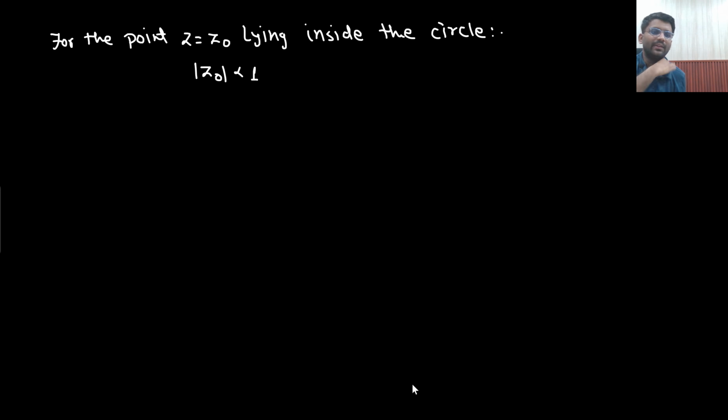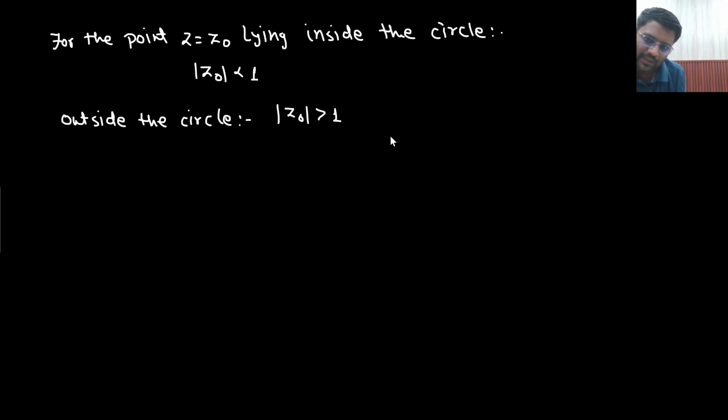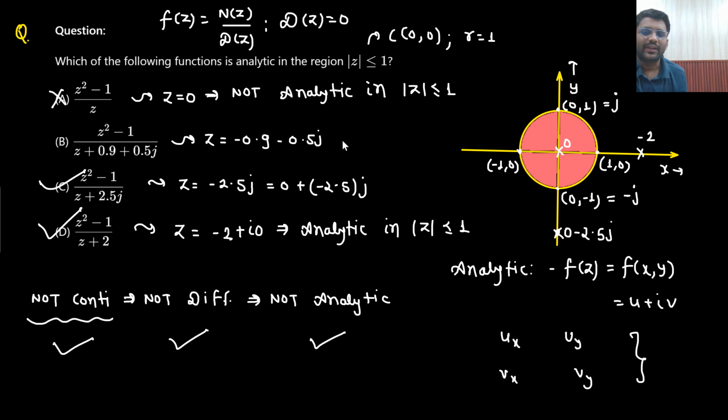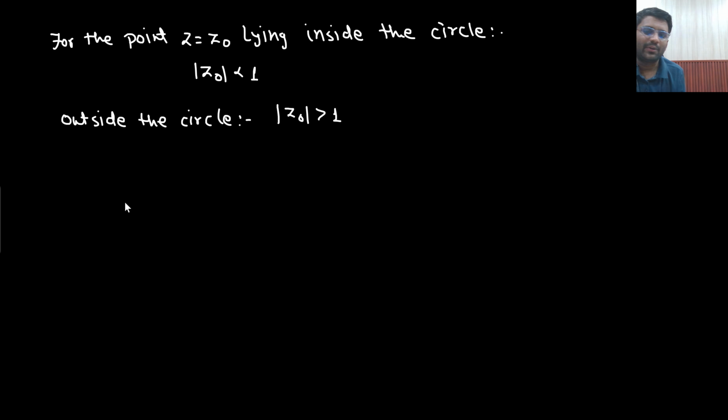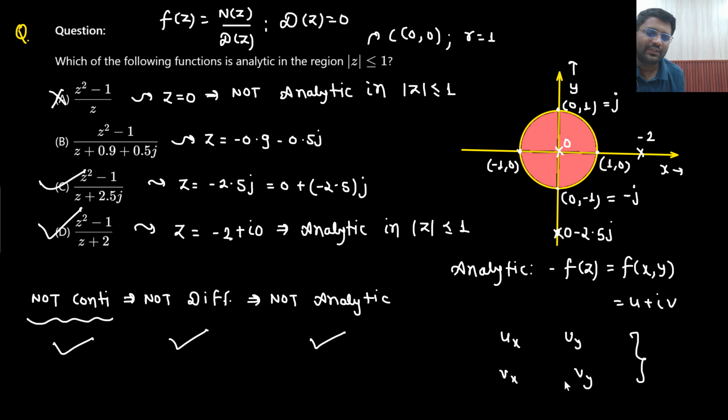And outside the circle, mod of z naught would be greater than 1, right? That means you need to check, in place of z you need to put z naught, which is minus 0.9 minus 0.5j.